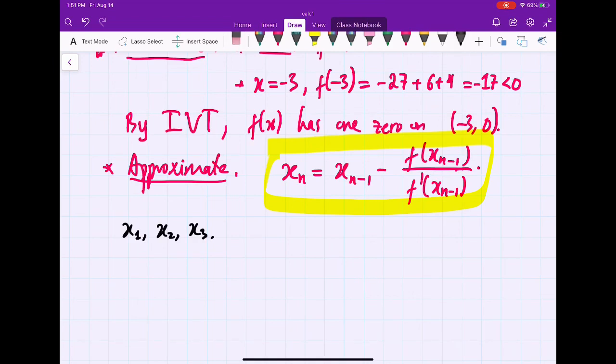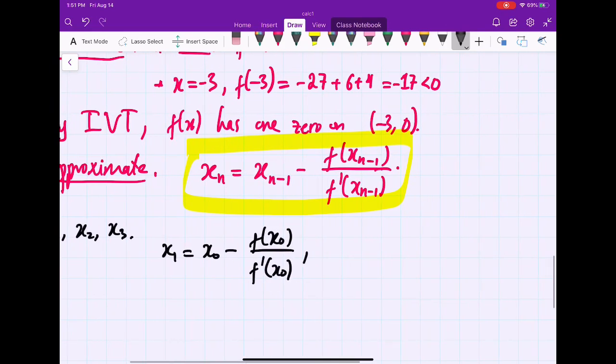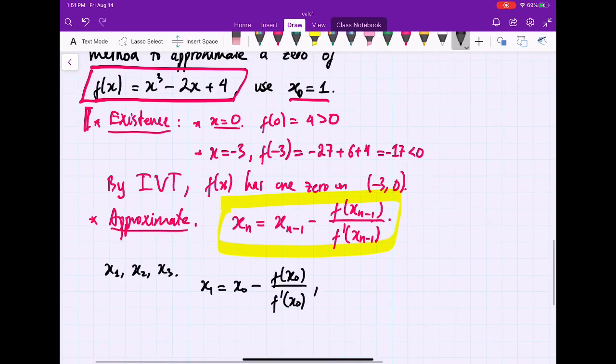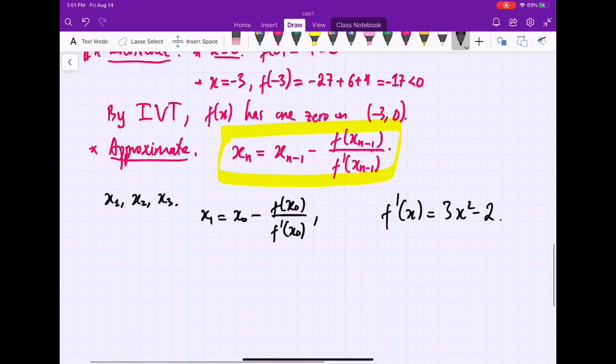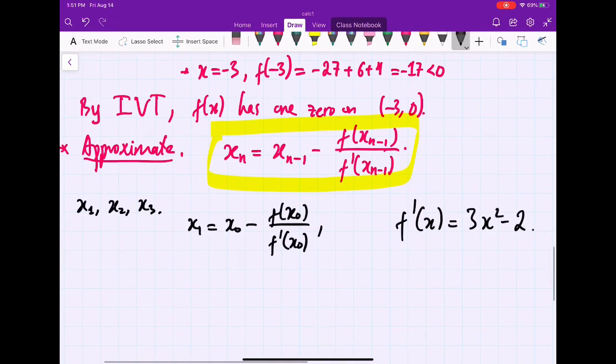x1 is x0 minus f of x0 divided by derivative of x0. Let's find the derivative, we need that anyway. f derivative equal to 3x squared minus 2. So you plug x0 equal to 1 into the derivative and into the function.